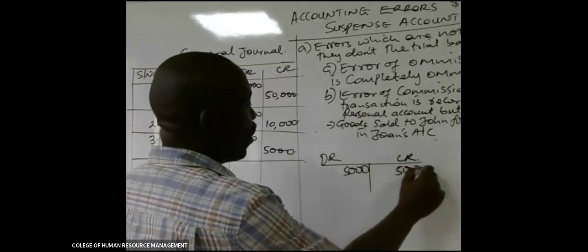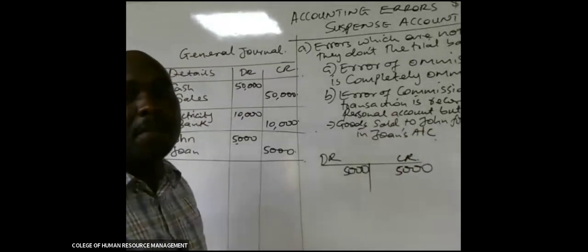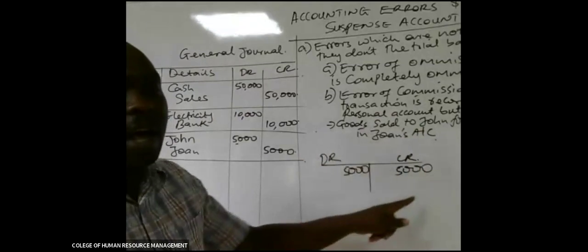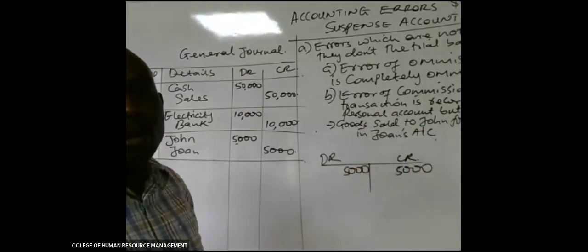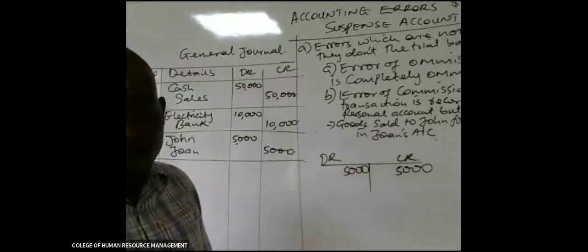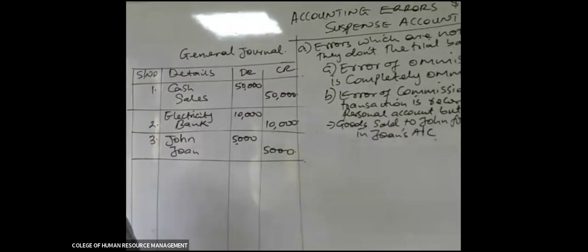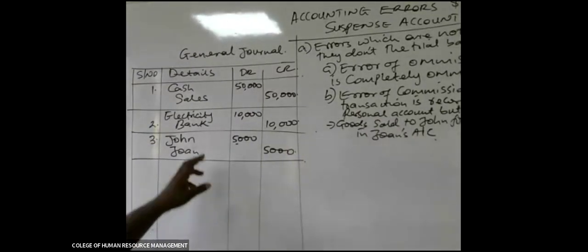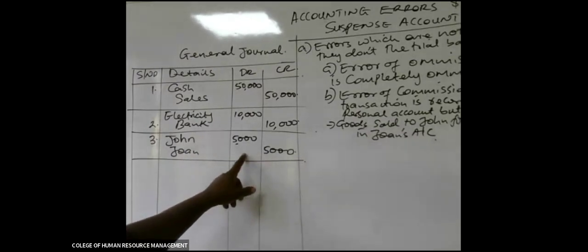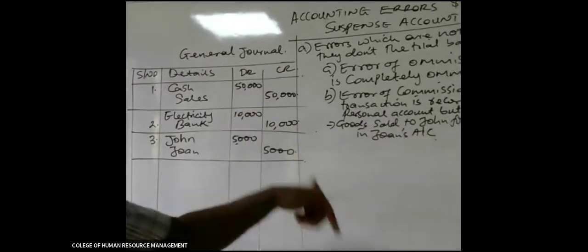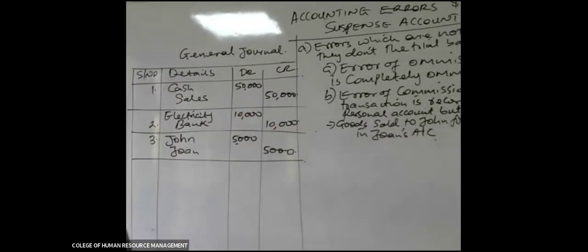Then you come here now, you credit 5,000. You have done minus 5,000. So 5,000 minus 5,000, this account has nothing left. So when you are calculating the balance carried down, there is nothing that you are going to have in this account. We don't need to show, but at the back of our mind, we need to know that Joan was debited by mistake. We need to remove that money. If it was debited by mistake, to remove the amount, now we credit.